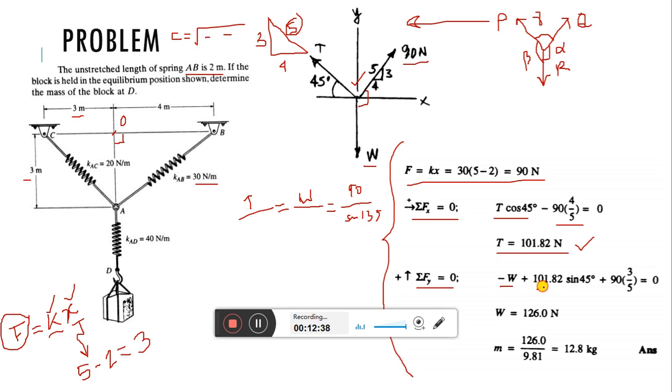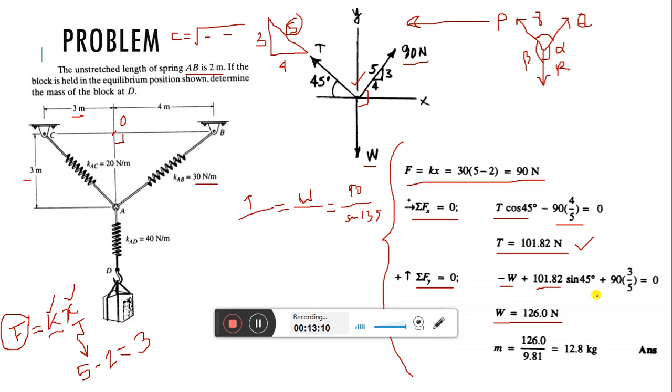The value of T is already known right now. So write that value and sine 45 degree plus 90 into sine of this angle. Now sine means height by hypotenuse, so 3 by 5 from the triangle we can tell. So this is 90 into 3 by 5. So again, by this simple algebraic calculation you can get the value, and that is W equals to 126 Newton.